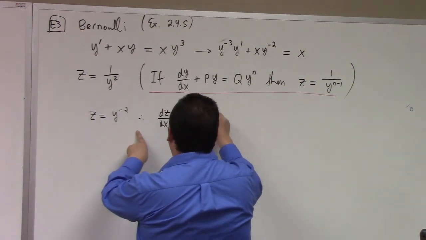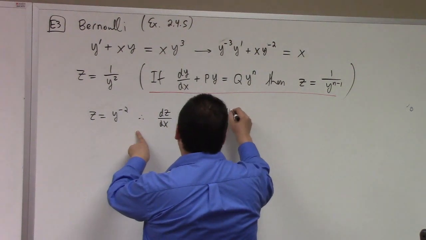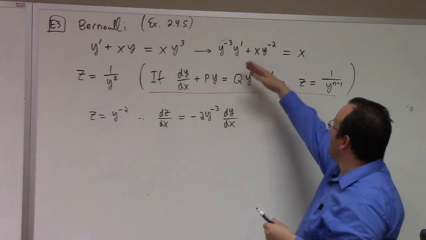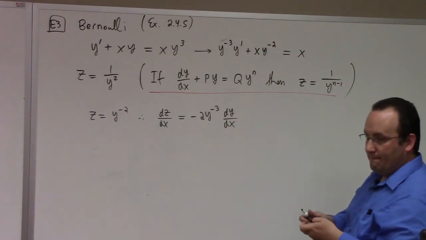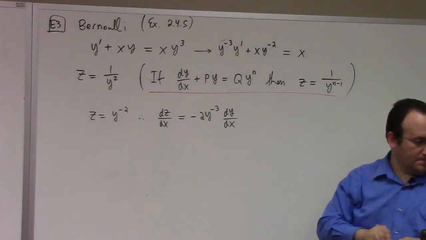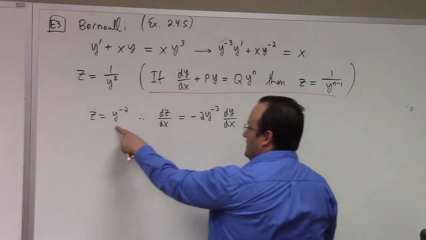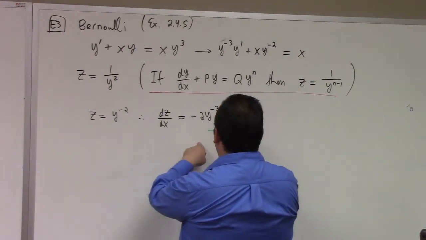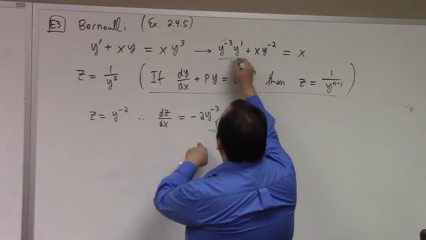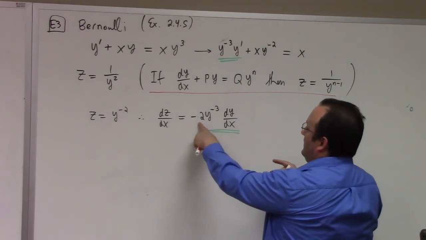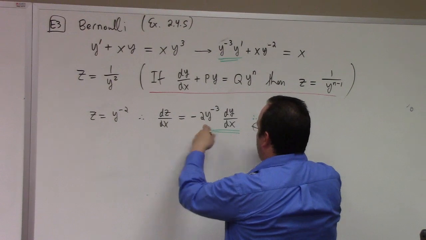Minus 2 y to the minus 3 dy/dx. Now, is this present anywhere up in here? This is why the substitution's smart, because letting this be that makes this term appear, which is present there. It's not directly that term. There's this minus 1/2, so you need to do a little bit of algebra here.